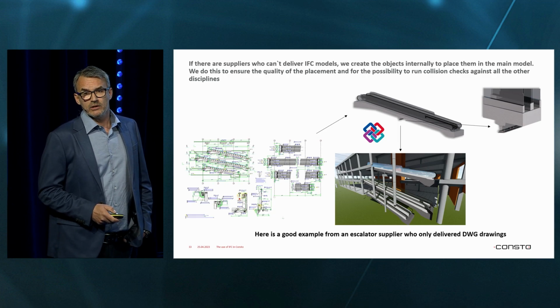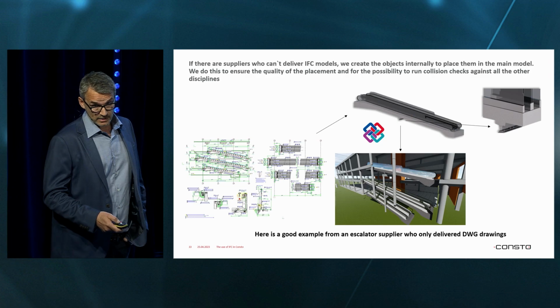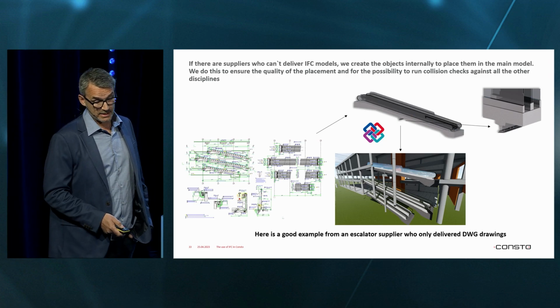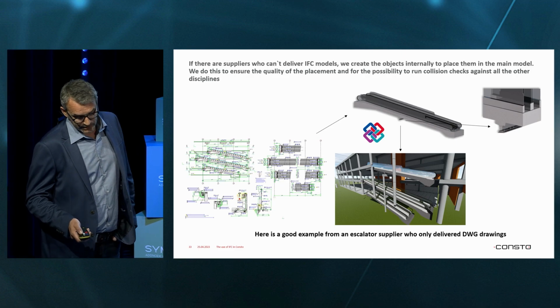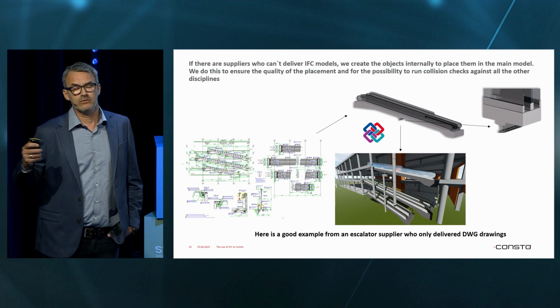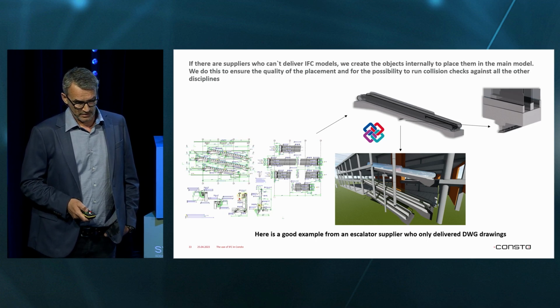Then we create the models internally ourselves. We take the drawings, we model it, and export it as an IFC into the main model. That's because we have to check that the model fits into the structure, and we can also run collision checks against the objects.